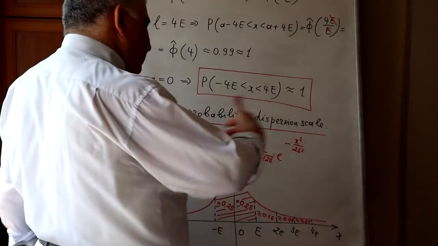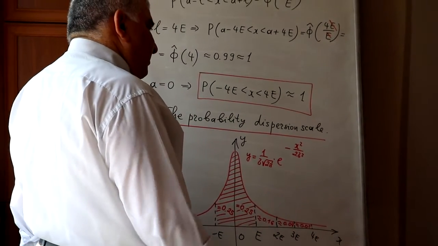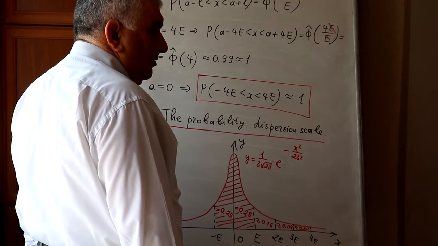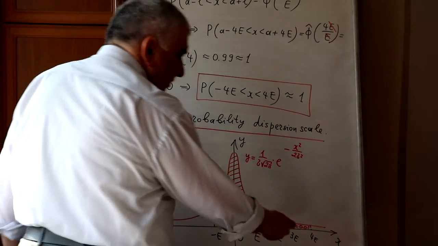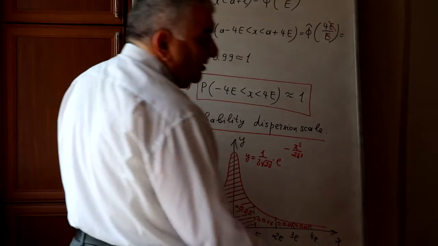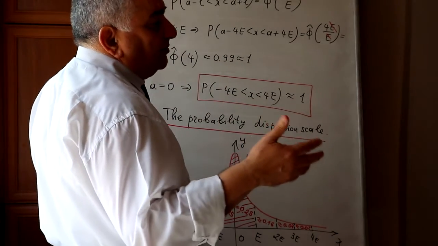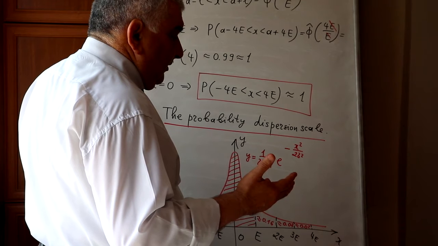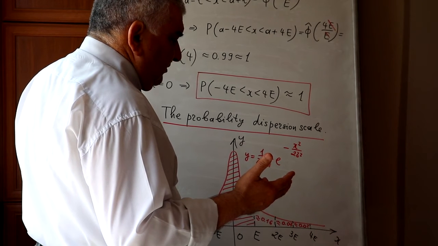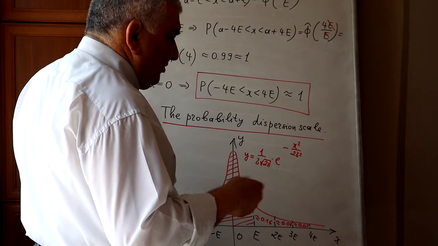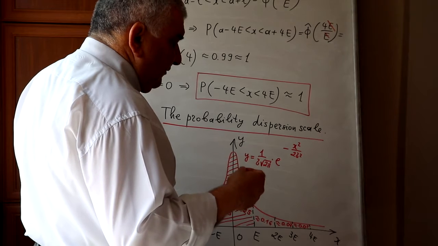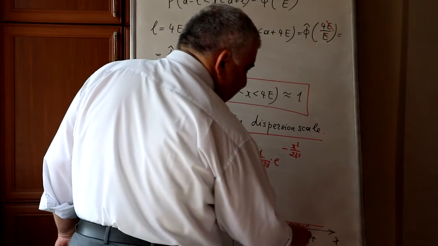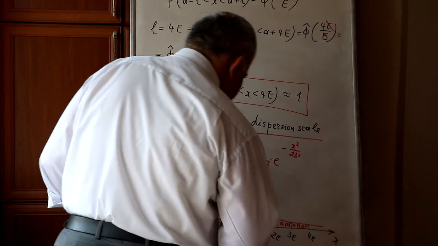And the probability that the continuous random variable will belong to the interval 4E to plus infinity is approximately equal to 0. And it means the continuous random variable with a normal distributive density will never fall into the interval 4E to plus infinity.